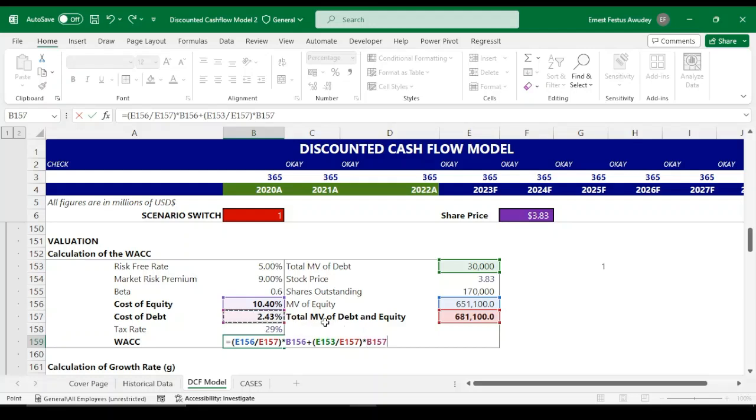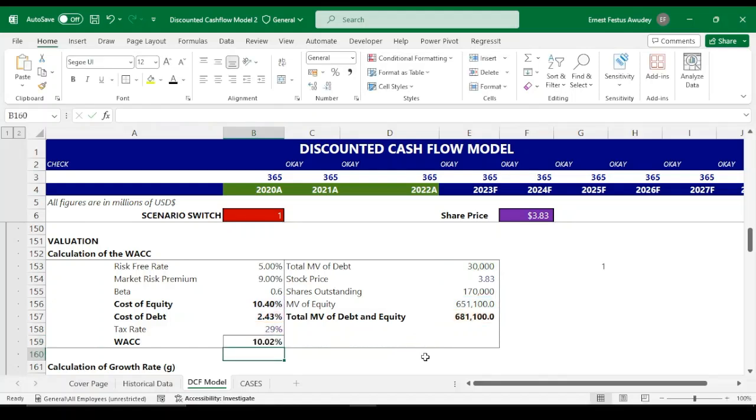So we have the cost of debt, and we multiply that by open brackets 1 minus the tax rate, which is 29%, and that gives me my after tax cost of debt. Then I press OK, and that gives me 10.02 here. So that is our WACC.